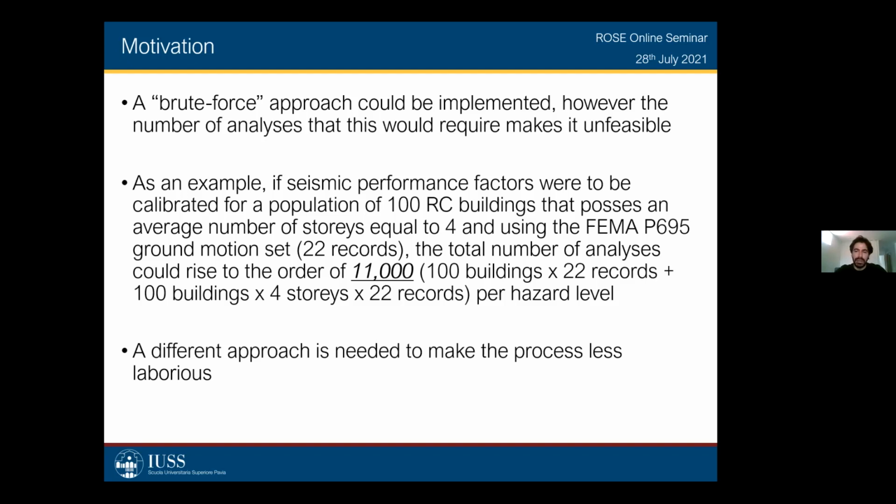So as you can see, things get complicated very fast, and this makes the process very difficult to deal with, because it takes a lot of time and a lot of computer power just to assess the performance of a non-structural element system. So a different approach is needed to make this process less laborious.